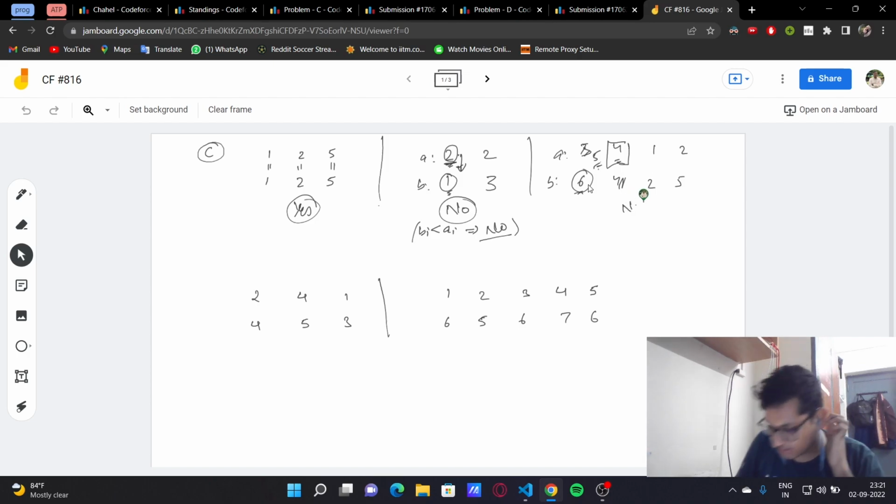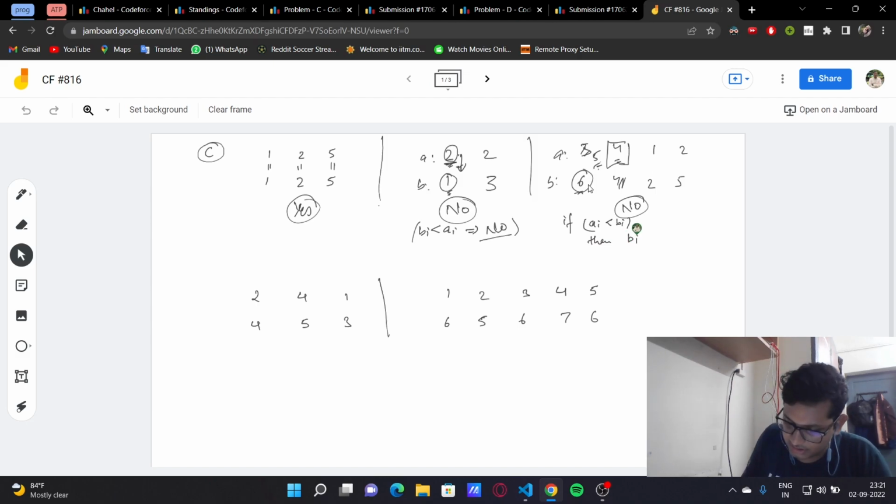And from this test case, we can realize that if A_i is less than B_i, then we need to check whether B_i is less than or equal to B_{i+1} plus 1.